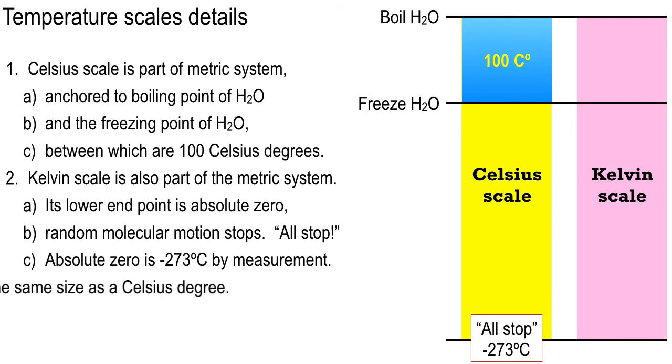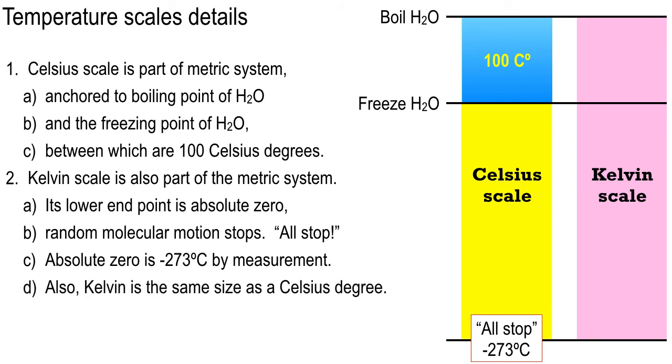And so on the Kelvin scale, every Kelvin is the same size as a Celsius degree. All right, so up here, you're going to go 100 Kelvins between these two parallel lines.